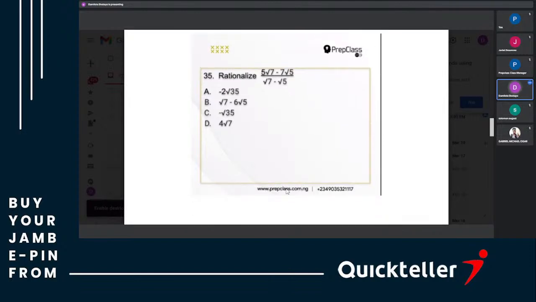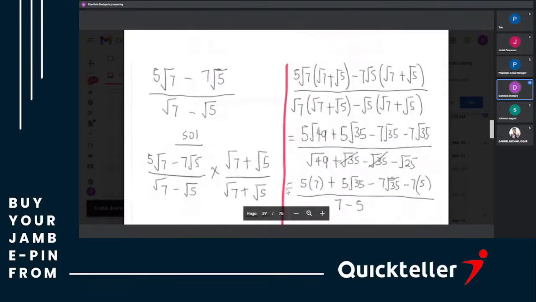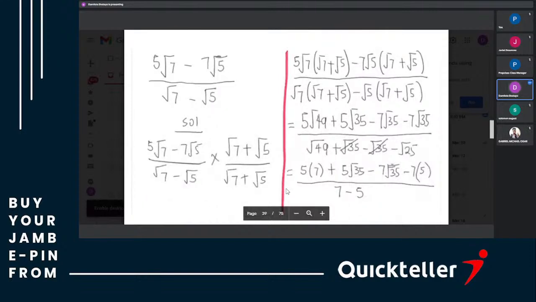That means it will become 5 root 7 minus 7 root 5 over root 7 minus root 5, times root 7 plus root 5 over root 7 plus root 5. This is called the conjugate. Now watch out. If the question was plus below, you will do a minus here.